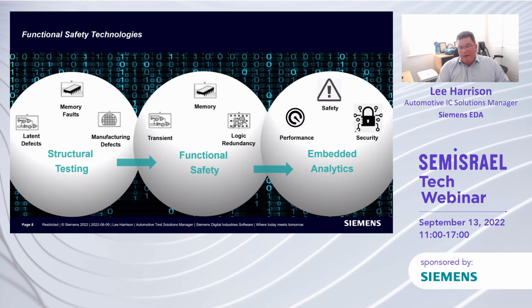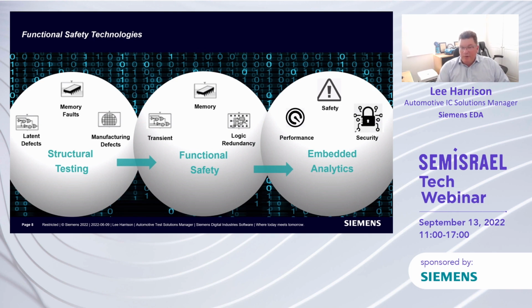And then, looking ahead and into the future, we're introducing new technology called embedded analytics. Embedded analytics is really taking things up a level. So where with the other technologies we're really looking at physical silicon defects, with embedded analytics we're looking more at the functional behavior of the device itself. So here we're looking at the performance of the device.